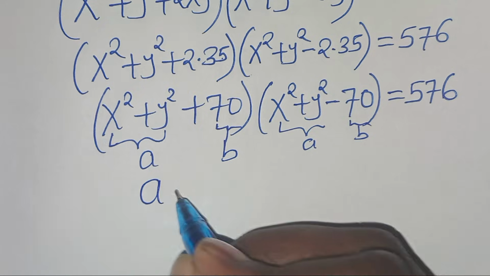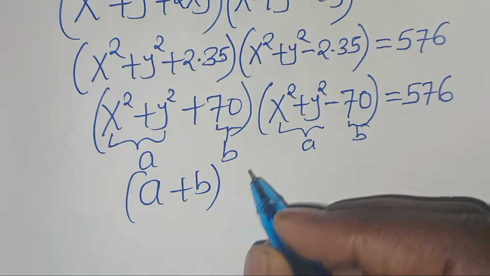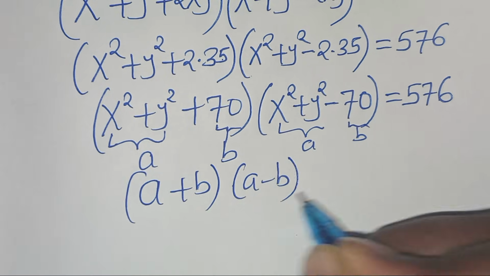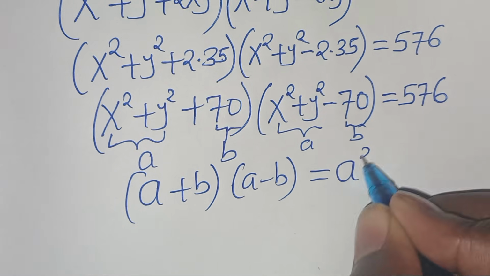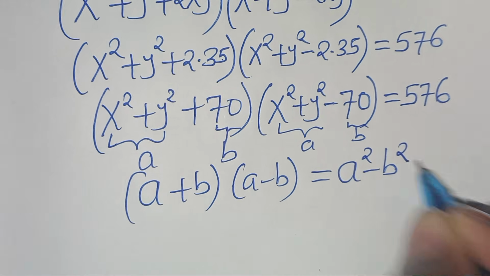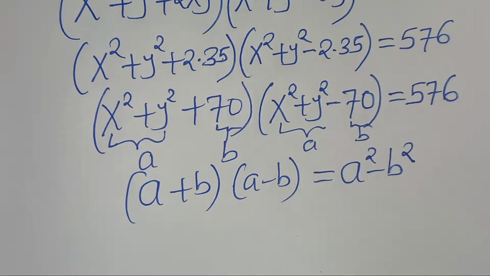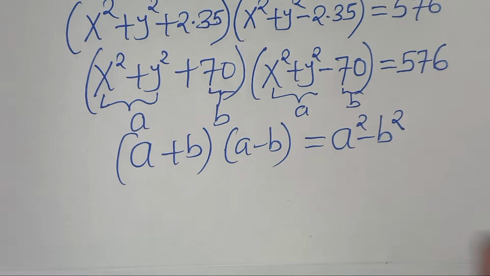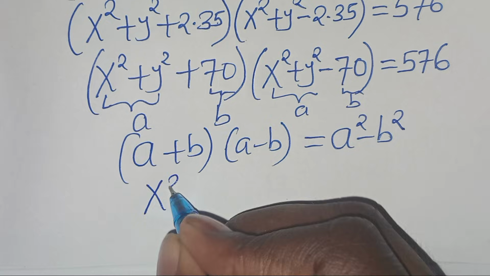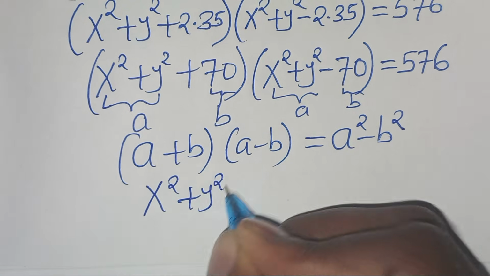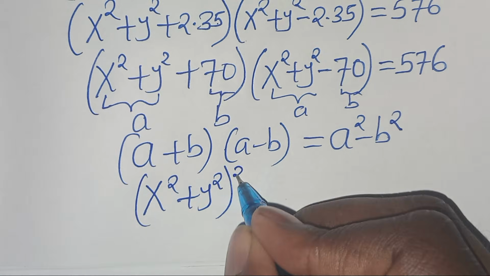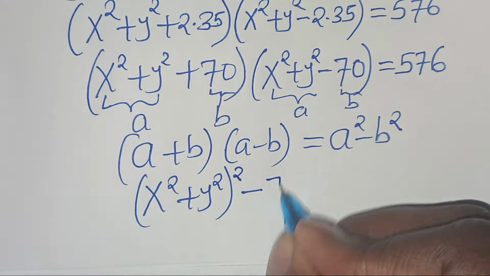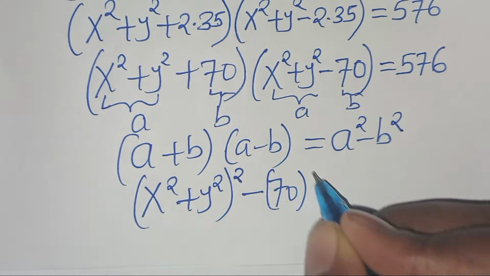So we have a plus b multiplied by a subtract b. This is equal to a to the power of 2 minus b to the power of 2. Applying this identity, this implies we have x squared plus y squared raised to the power of 2, then minus 70 raised to the power of 2.